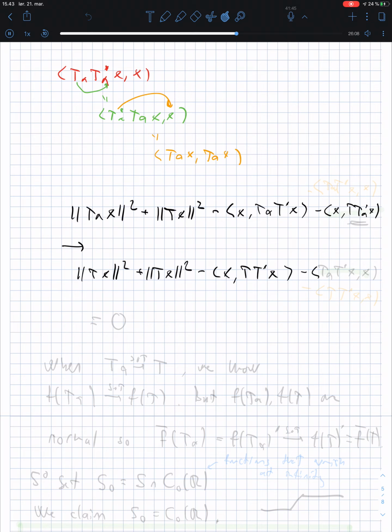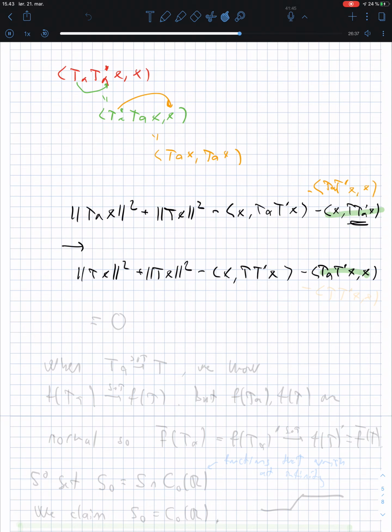of course I did this wrong. It's not nice to have it situated here. I would rather have it here. Okay, let me, sorry. This is not a good way of writing it, so I'll rewrite it like this. So it will be minus T alpha T star x, x.